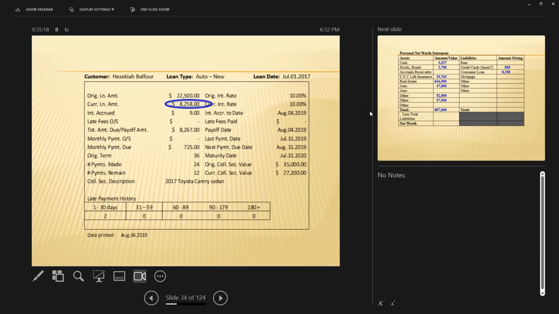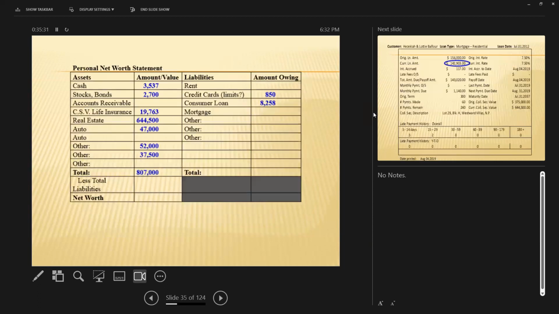Because remember, it's like accounting. In accounting, when you're doing assets and liabilities, you look at the principal amount outstanding. So we plug that in there, 8,258. There's a mortgage.